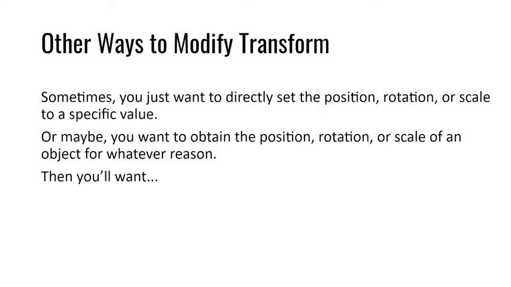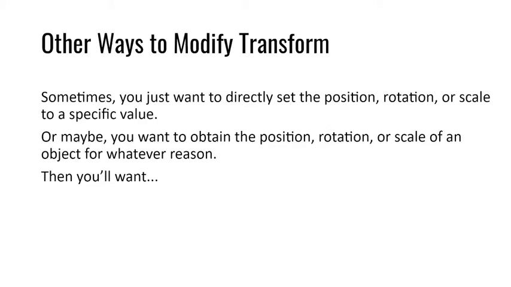Next, we'll talk about vectors. There are 4 different kinds of vectors in Unity, but for now we'll just be talking about Vector3s. Sometimes you would want to directly set the position, rotation, or scale. So instead of saying move it this amount, you want to set it to this position. Or sometimes you want to get the position and check its X or Y value.